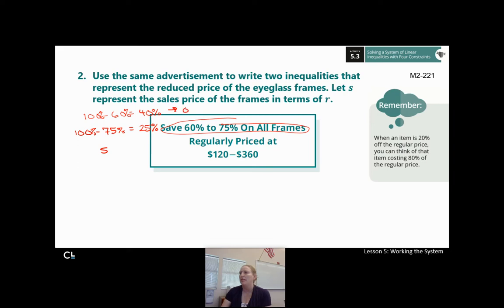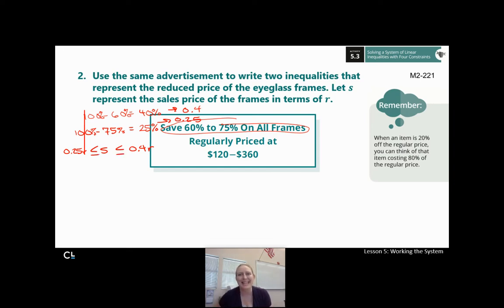So 40% as a decimal is 0.4, and 25% as a decimal is 0.25. So we're saying that our sale price needs to be between 0.25 of the regular price and 0.4 of the regular price. So our sale price is somewhere in between.